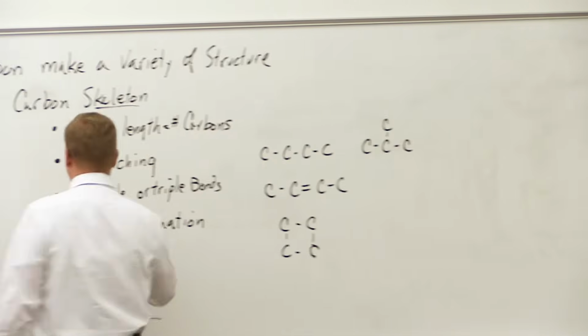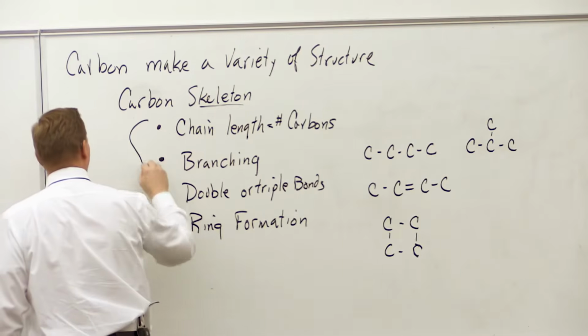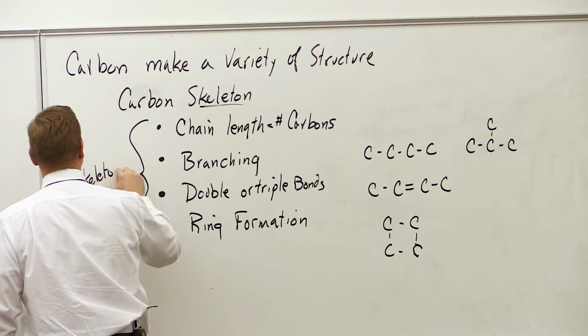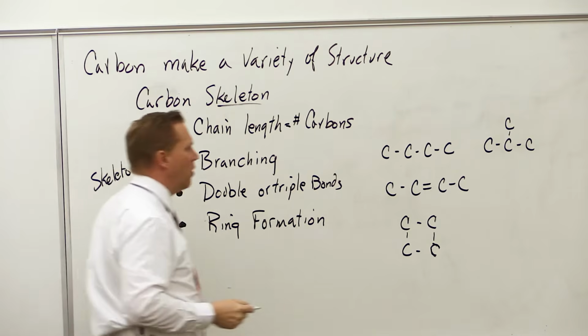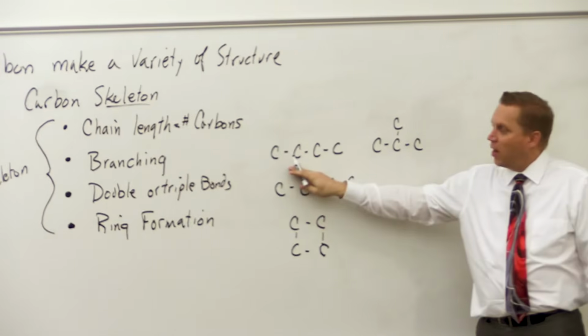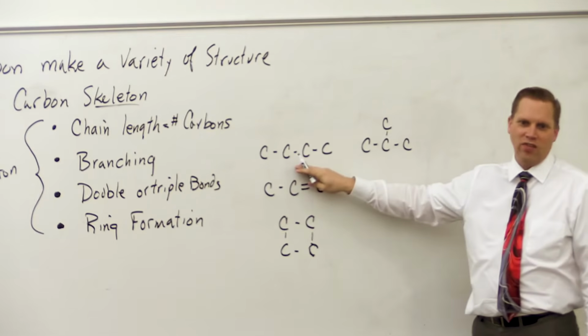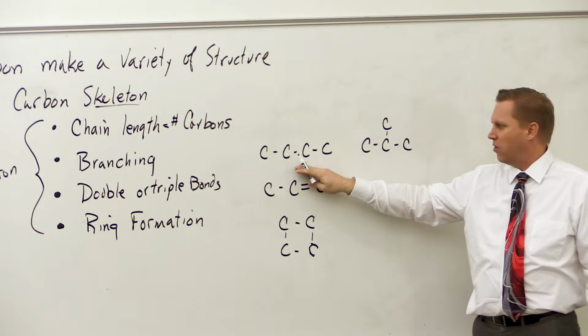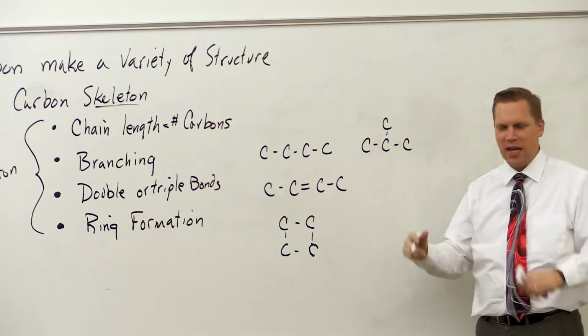There's one more. Notice that these 4 only dealt with changes in just carbon, the skeleton itself. We were talking about how carbon makes 4 bonds. Hopefully one of the things you noticed is that in these structures, I haven't been actually drawing all 4 bonds onto the molecules. I've just been playing around with carbons and connecting them.